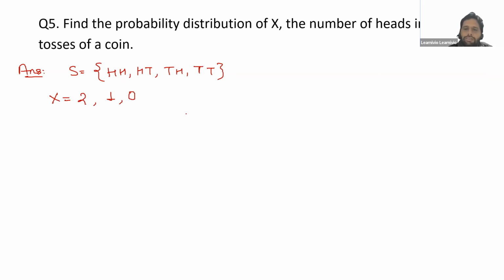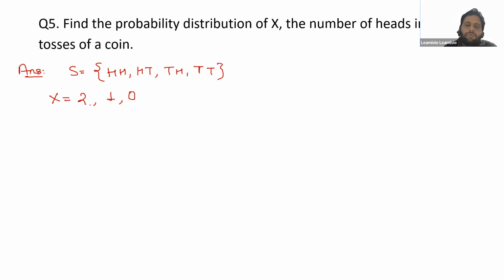So these are your values of the random variable. I hope it is clear to everyone. Whatever they give you in the question, take that as the random variable. Here they have given you the number of heads in two tosses of a coin. Is it clear, Abdur, Aman, and Umair? So what do we take for X?